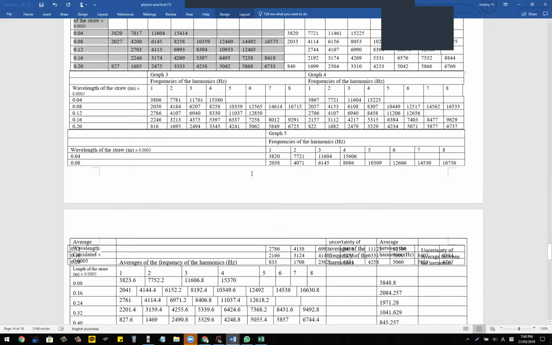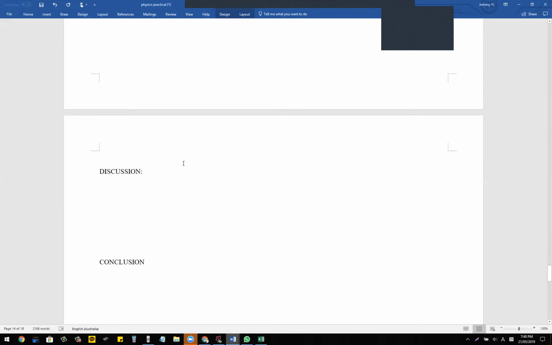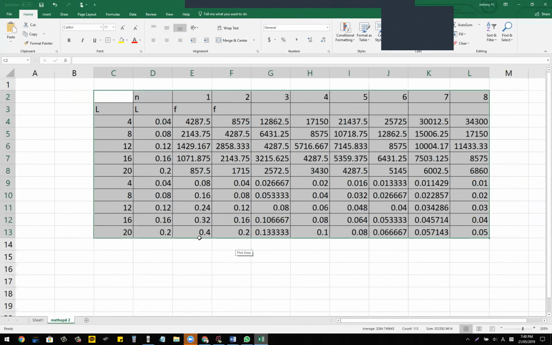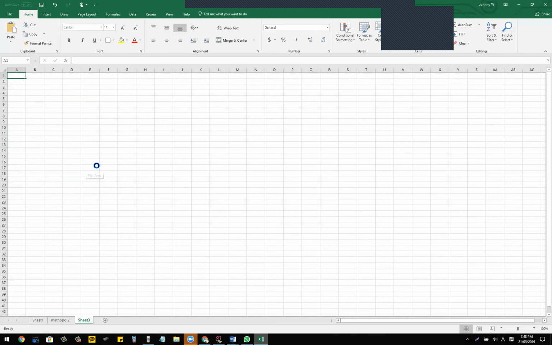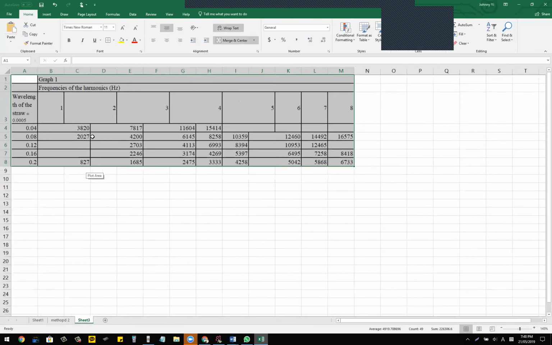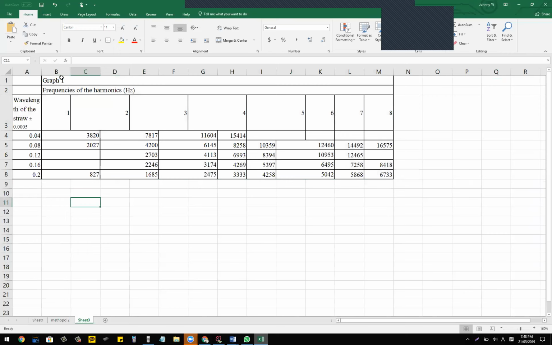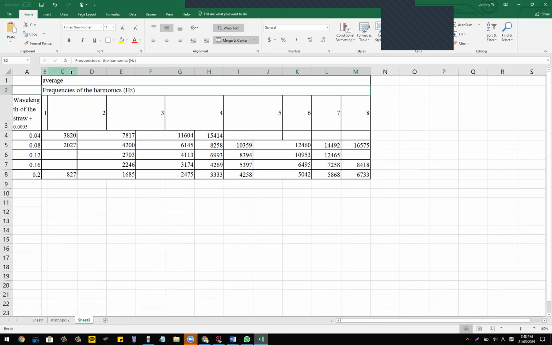I'm going to do some table. I haven't done any graph here, no, I haven't done the graph. So I'm going to assume that this table 1 is the average, okay? Let's say these are the averages. You can fix it up later.